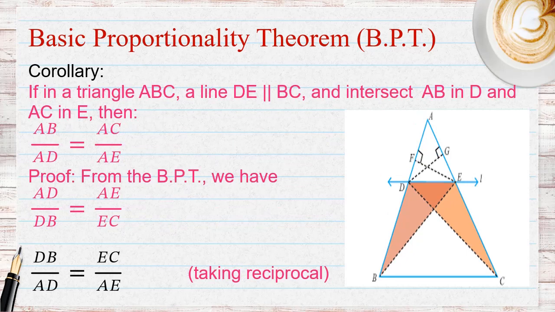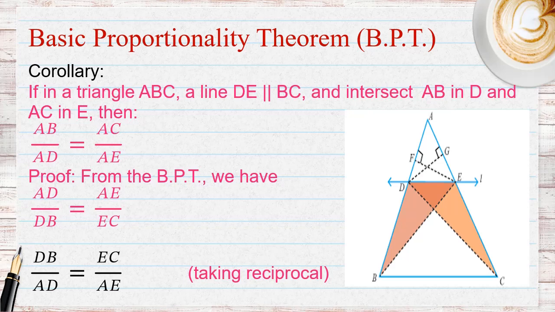Now, discussing the corollary. If in a triangle ABC, a line DE is parallel to BC and intersects AB in D and AC in E, then AB upon AD equals AC upon AE, that we need to prove.